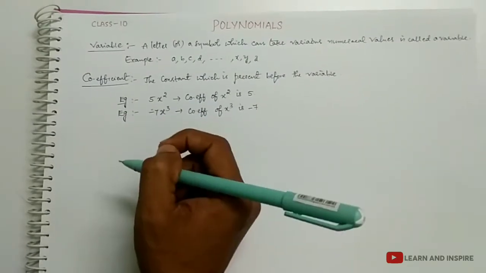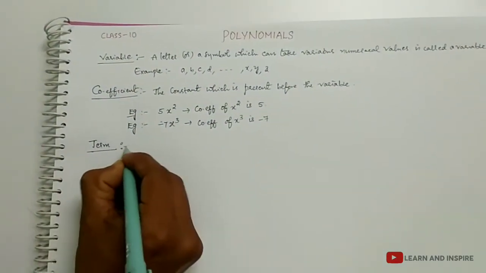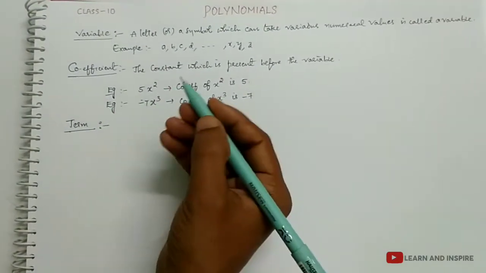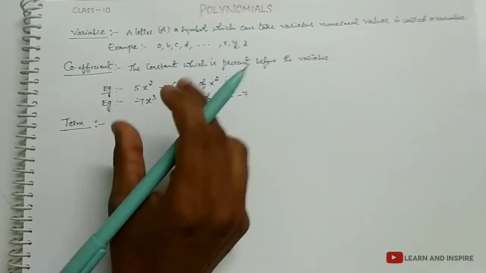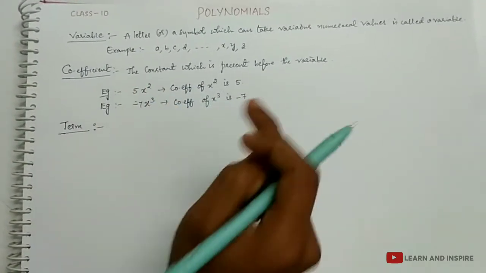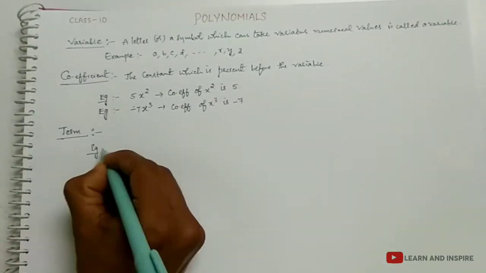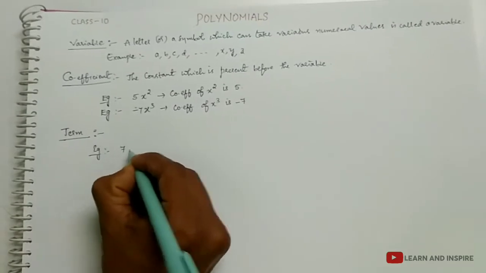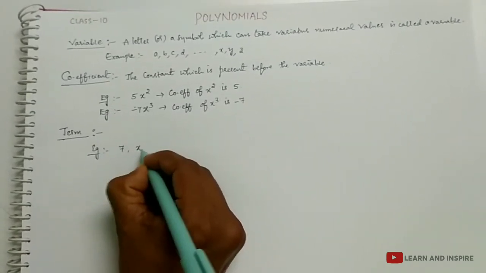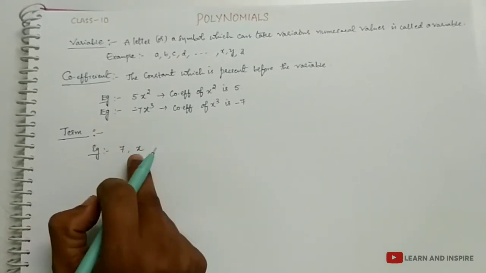Next key concept, term. A term is nothing but either a constant, or a variable, or the product of a constant and a variable. A constant can be any number, or it may be a variable.